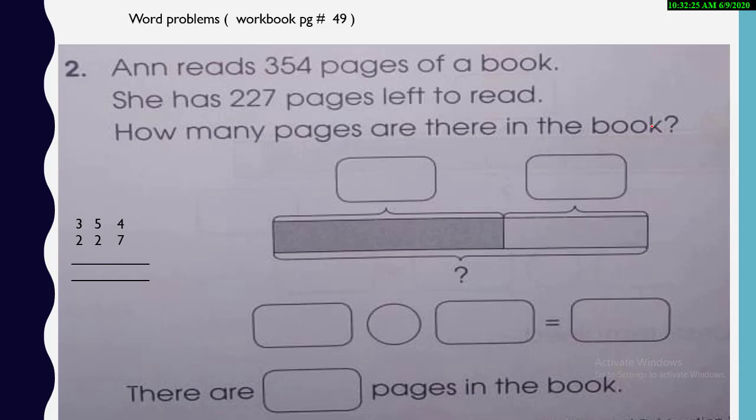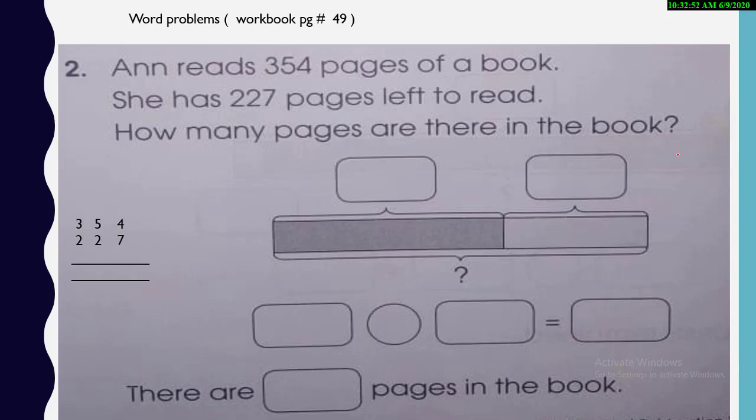You can translate this word problem in your mind: how many total pages does the book have? Look how I translate this word problem in my mind. These are the pages that she read, these are the pages that are left, and what are the total pages in the book.